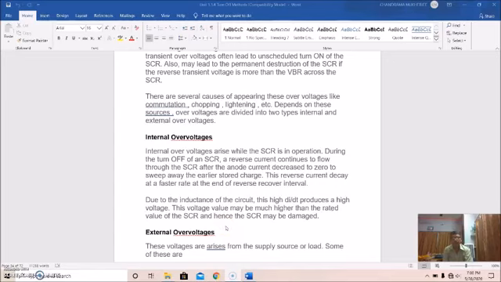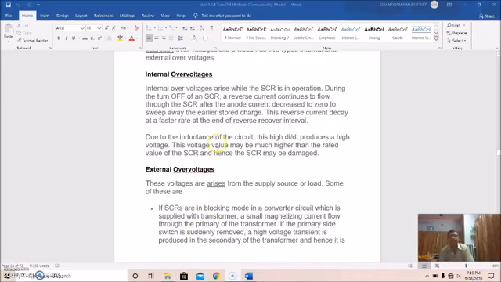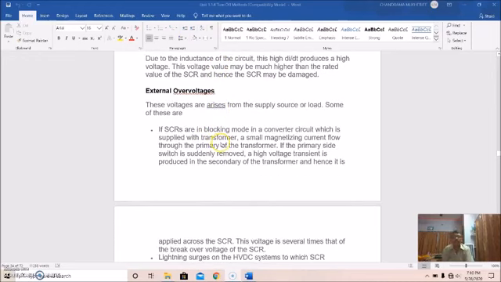This is the reason behind the generation of internal overvoltage, and why protection must be taken against it, to protect the thyristor or SCR from permanent damage. We have discussed internal overvoltage. Now we'll discuss external overvoltage.